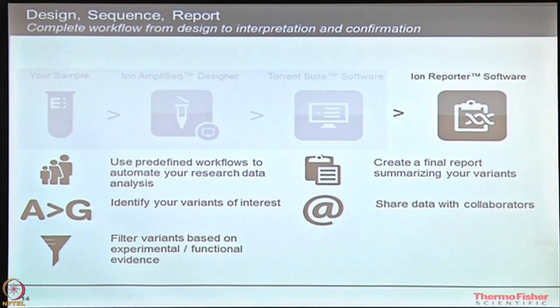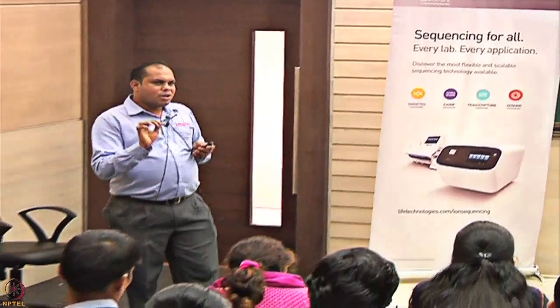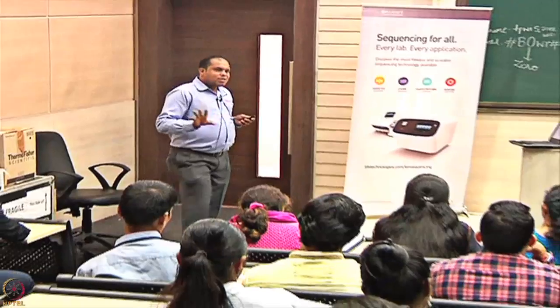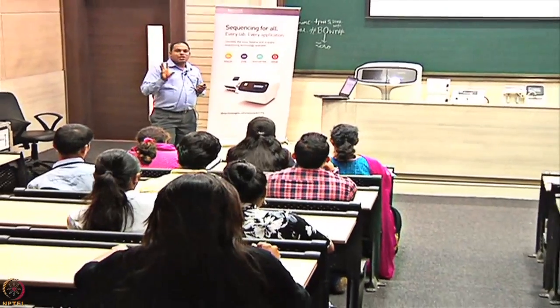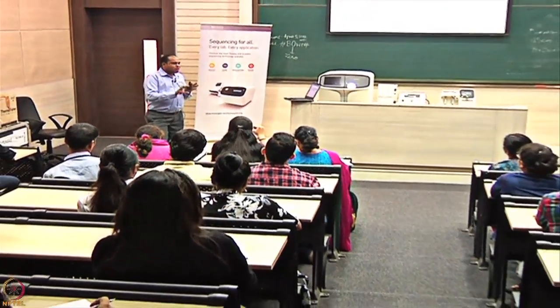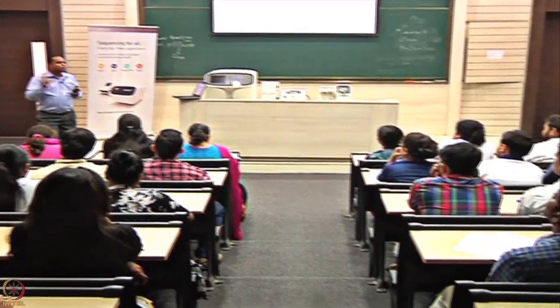Now this Ion Reporter software will help you to understand the variant positions, take it further and do certain statistical calculations. Have you heard about the protein evolutionary study parameters called SIFT, PolyPhen, Grantham? Okay. These are parameters which are calculated when there is a protein change happening, like you have a variation coming in and a protein change happening.